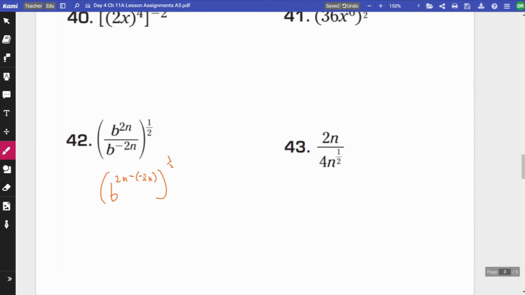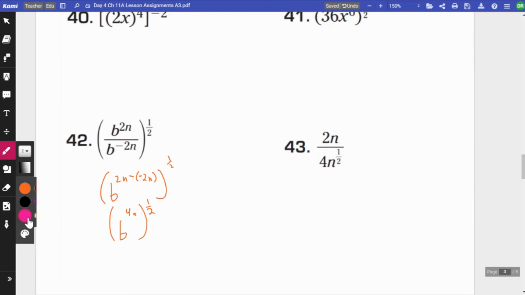But 2n minus a negative 2n is really plus a 2n. 2n plus 2n, which is like terms, you would get 4n. b to the 4n power. There's another way to do this. I'll just take a brief pause and not really do it, but b to the negative 2n has a negative exponent. This thing could have been brought to the top and been a positive 2n. b to the 2n times b to the 2n, you would add your exponents and get 4n.